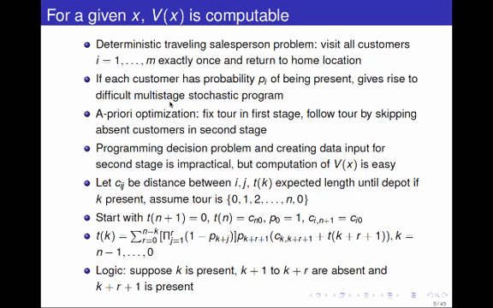So instead what you do is you derive a closed form solution for the cost of the trip, because the problem has a specific structure and you can use dynamic programming to solve it. So what's the structure we're going to exploit?